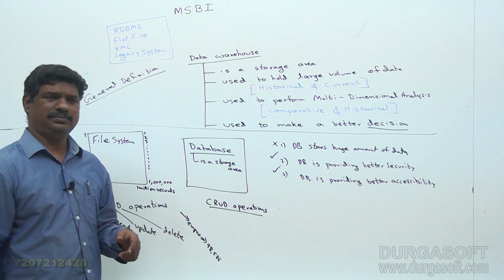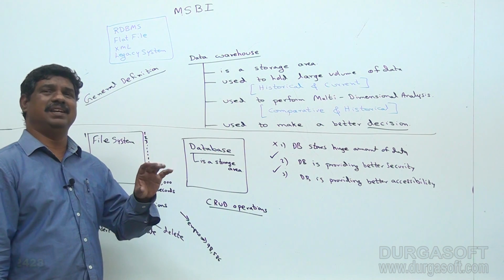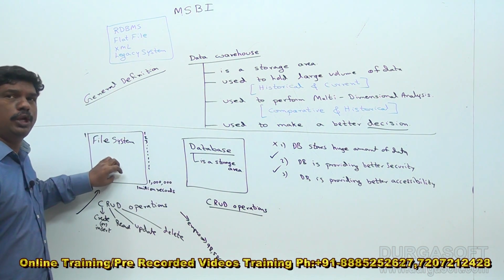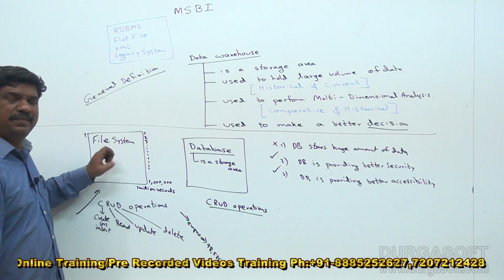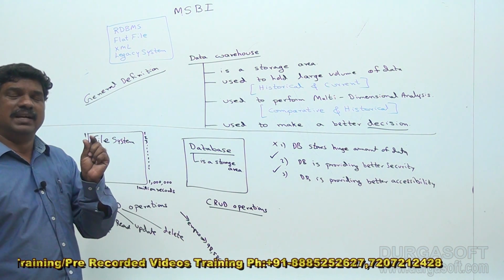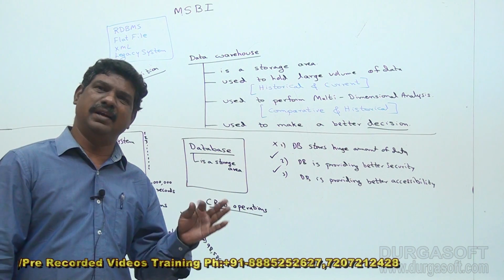So at the time of reading, you don't have anything like rows and columns. I need to open the file in read only mode. Once the file is opened, I need to read the first line. Immediately I need to check whether it has reached the end of file or not.